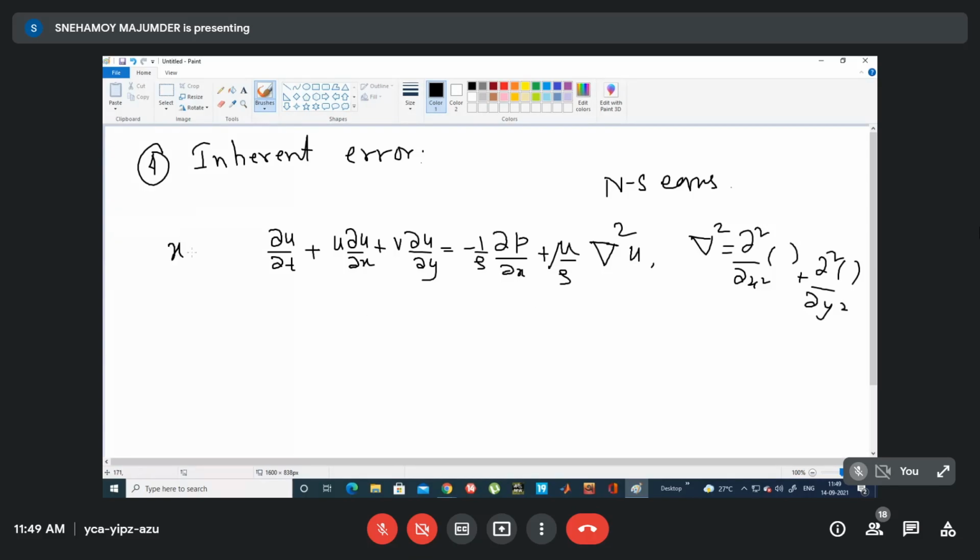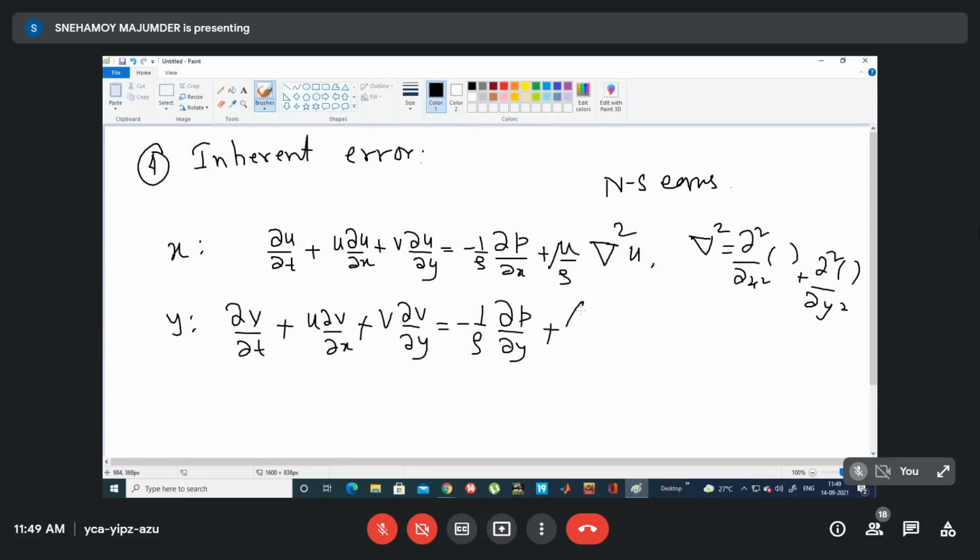Similarly, this is the x equation. This is the y equation: del v/del t plus u del v/del x plus v del v/del y equal to minus 1 by rho del p/del y plus mu by rho del squared v.